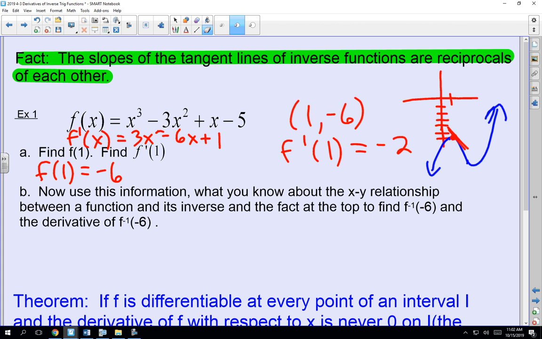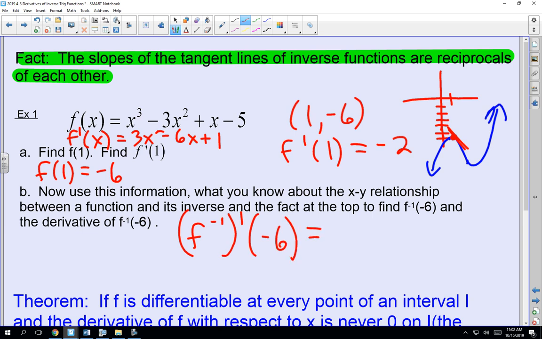But using this fact, could we find at least point-wise the derivative of f inverse at one point along the way? We can. We can find the derivative of f inverse. So f inverse prime at negative 6, we know.